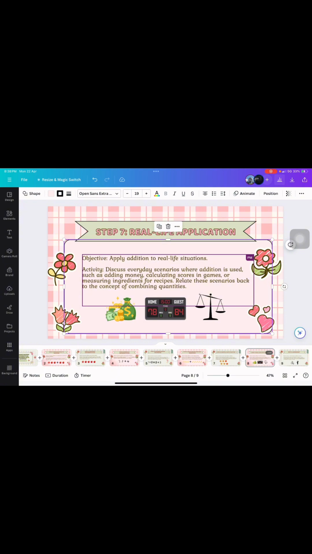Even when we cook, we add ingredients together to make a recipe taste just right. So addition helps us combine different amounts to figure out totals or results. Whether it's counting money, keeping score, or cooking, addition is the method we use to bring things together.